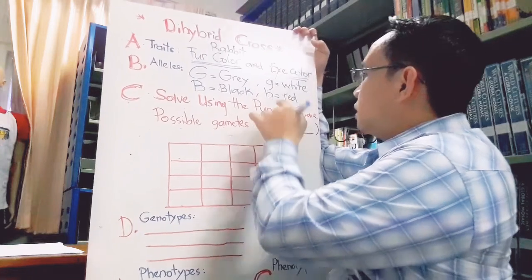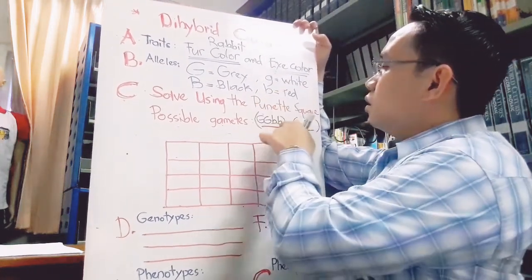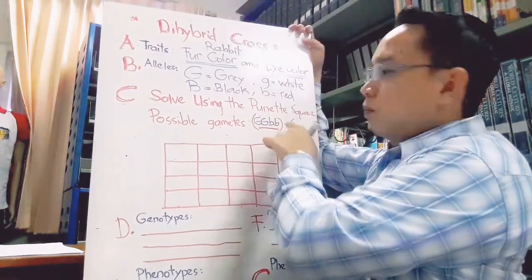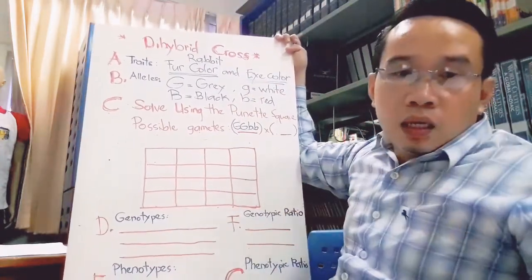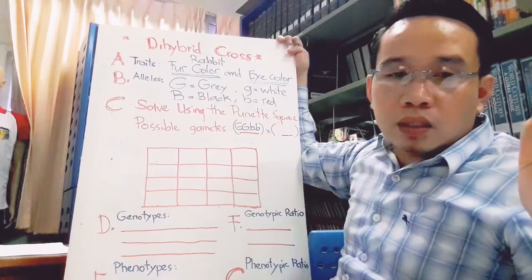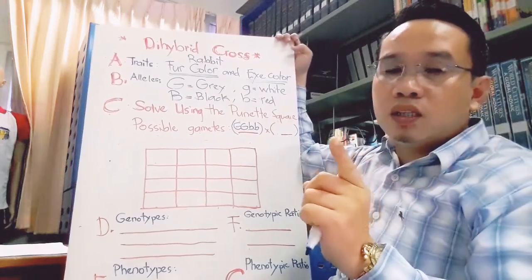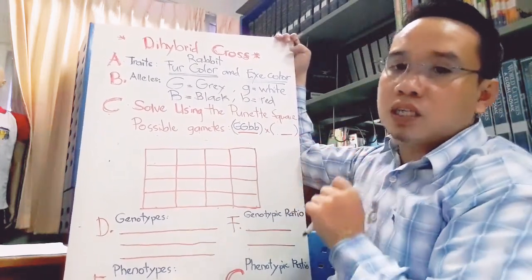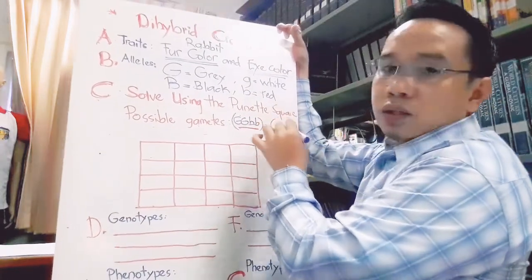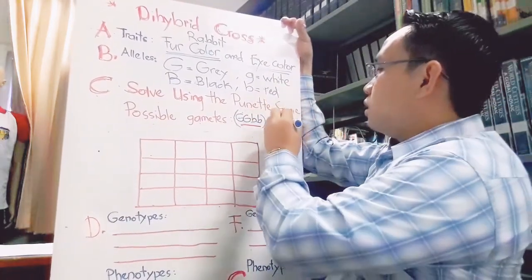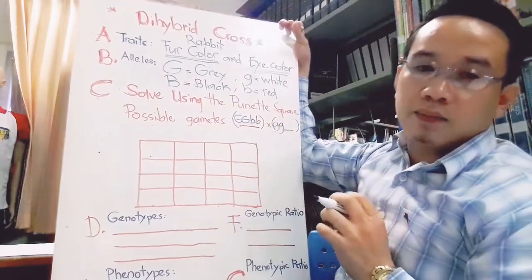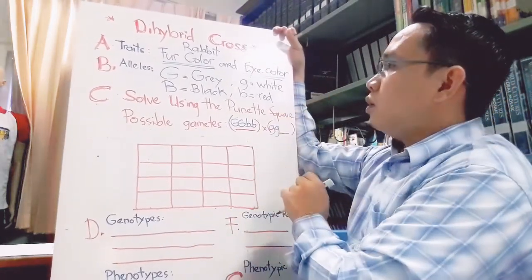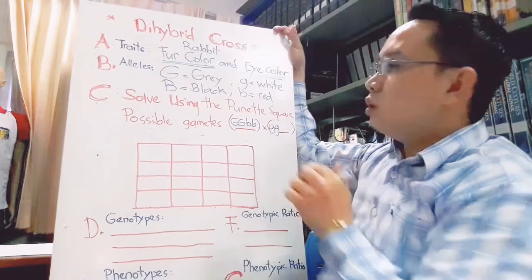Then in the second trait, we are going to cross with a female rabbit with a given genotype of homozygous recessive white, paired with heterozygous black.